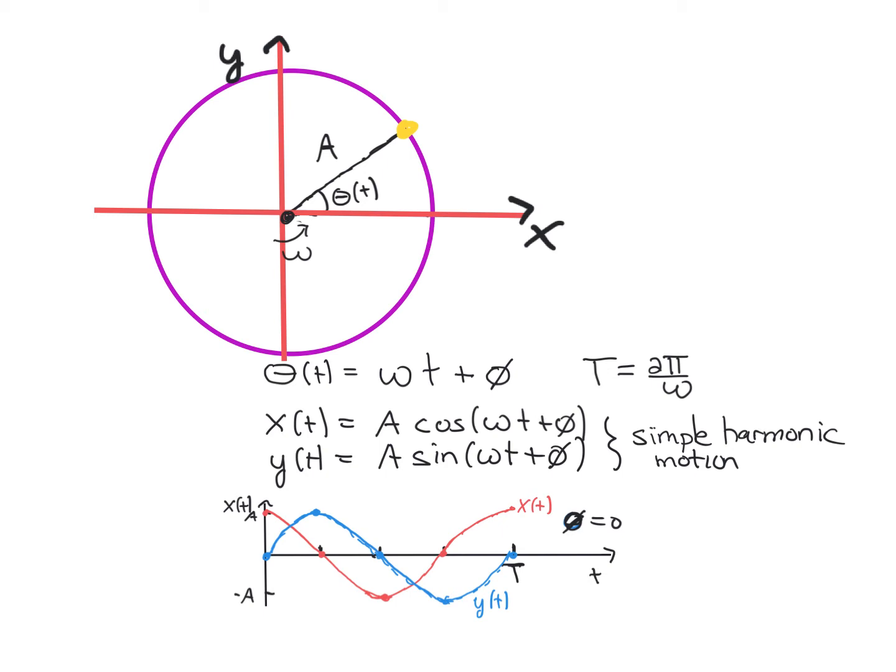So now that omega is appearing in this expression for something that's oscillating back and forth, we don't refer to it as the angular speed or angular velocity anymore. We're going to call this the angular frequency of the motion. So omega in this context is called the angular frequency of the motion.